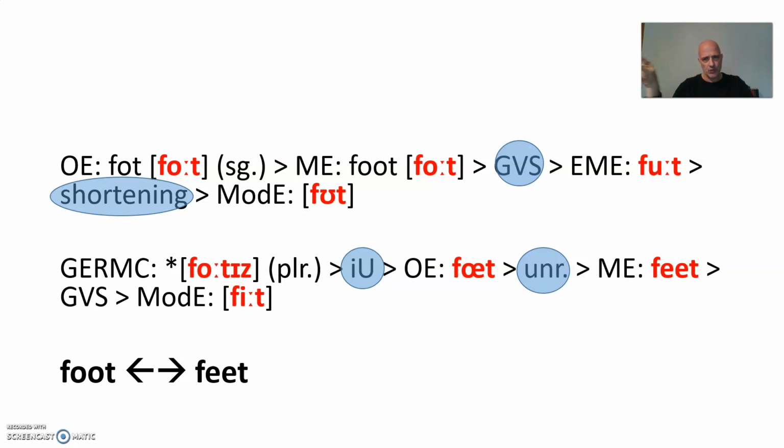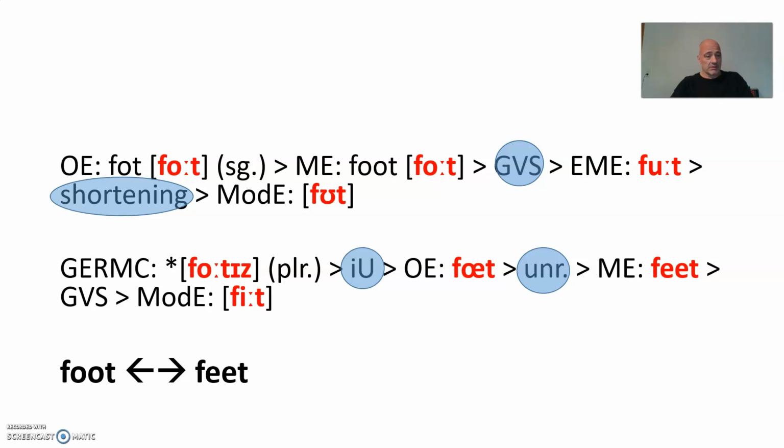Double O spelling says it's a long vowel, great vowel shift, then it must have been shortened, and therefore we have foot today. So shortened sometime after the great vowel shift. First of all, we have to have the great vowel shift first, otherwise it wouldn't be an oo. And then, so development, fot, foot, foot.